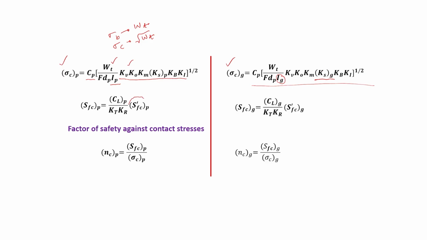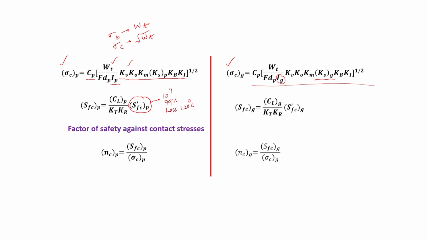The strength of the material under surface fatigue is determined from the data sheet or the data book, AGMA data given, and this is again for 10 to the power 7 number of cycles, reliability equal to 99% and temperature less than 120 degrees centigrade.